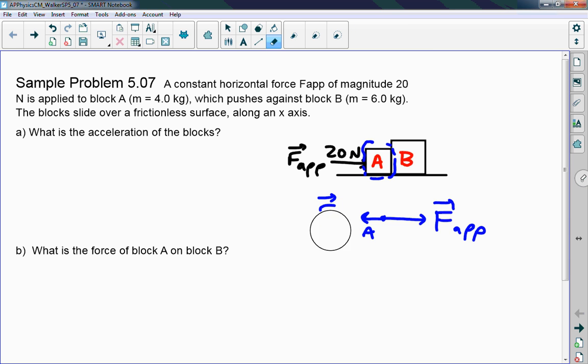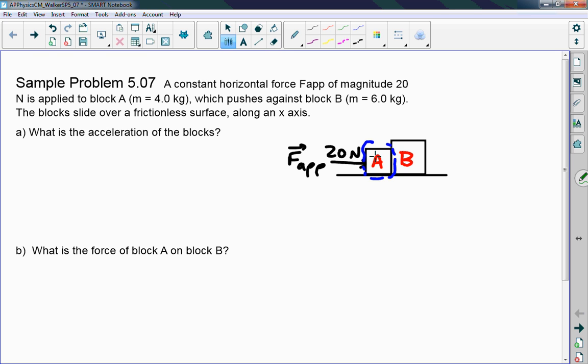So instead, the trick that we would use with this kind of problem is to expand our system bigger and make the system be the combination of the two blocks, as if they were glued together, which they're not.